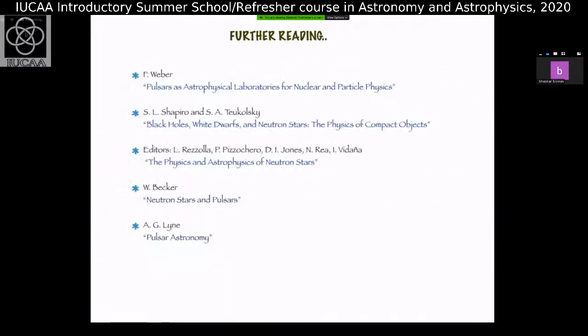Hello. Ma'am, my question is like the jets from the pulsars, they have a specific direction. What's the reason for the particular direction of the jets from the pulsar? So you mean the electromagnetic emission, right? Yeah, ma'am. Basically, it's the strong magnetic field of the pulsar.